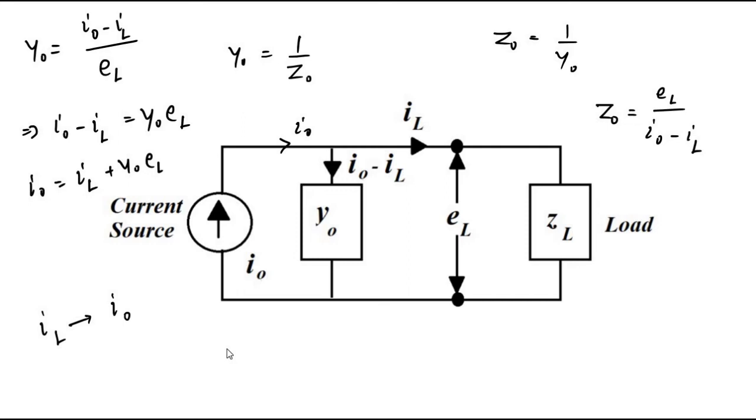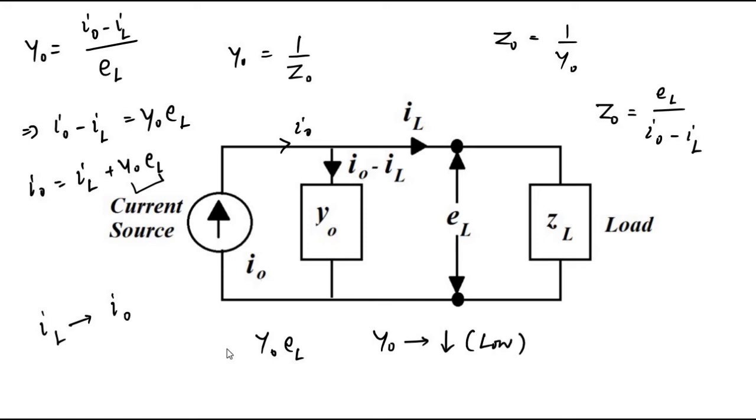Because of this factor, there is fluctuation between the output current and the load current. So if we can do something with this factor Y0 EL, then we can minimize the difference between I0 and IL, close the gap. So for that what we need is that Y0 should be low.